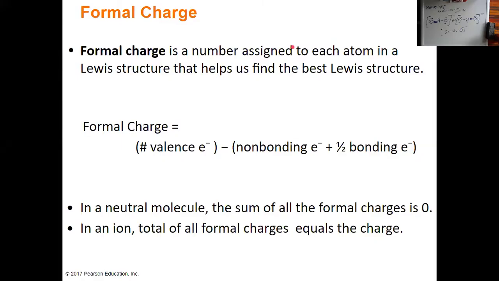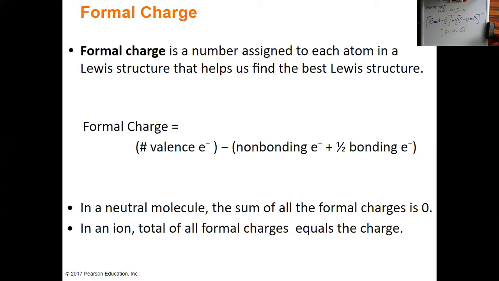Now, when we're looking at different resonance structures, we might run into a situation where we have more than one structure, or just a different, we call them isomers, which we'll talk about more in chapter 10. We're not really going to talk about them too much right now.